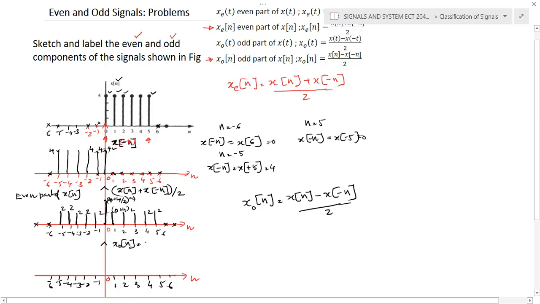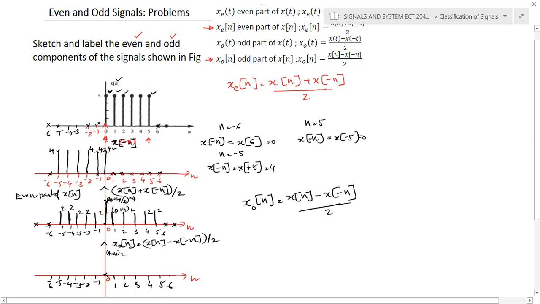Xo of n is equal to x of n minus x of minus n, the whole divided by 2. If you observe the signal at n is equal to 0, the function magnitude is 4 here, and here also it is 4. So now we need to perform 4 minus 4, so 4 minus 4 by 2, and you'll get 0.